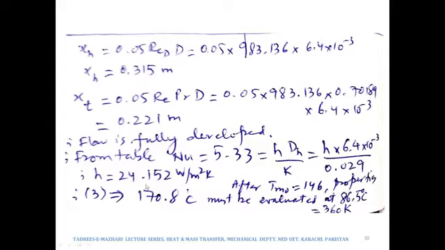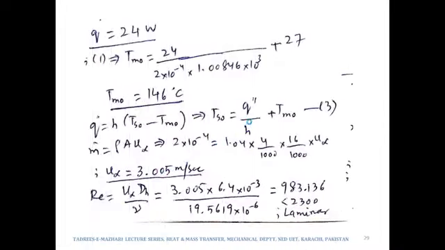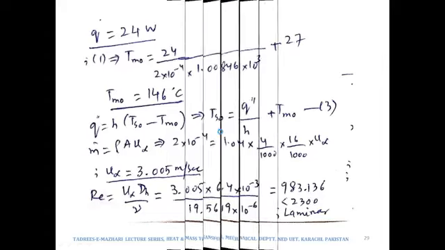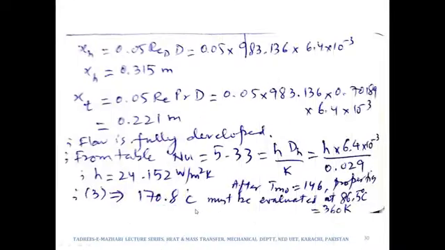So we will get H as 24.1 watts per meter square Kelvin. Right, so after we find out H as 24.1 watts per meter square Kelvin, we will put that value in here, and we will get the value of Ts naught as 170 degrees Celsius. So this is how we would be able to get the value of the temperature of the surface at exit.